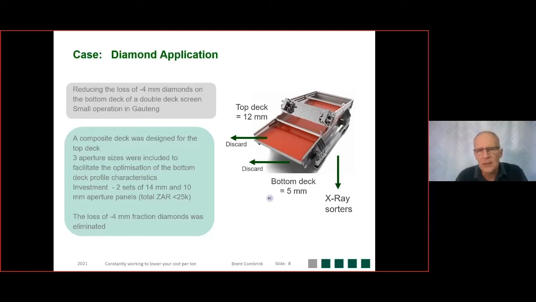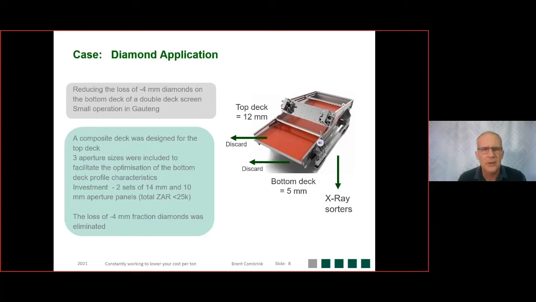And what I did was I changed the apertures. The first part of the screen I changed to a 14mm aperture. The second part, I actually reduced the aperture from 12 to 10.